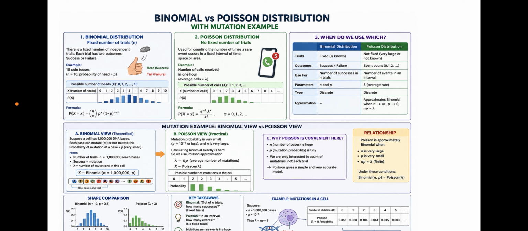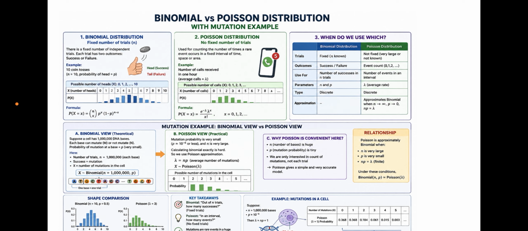That is how we use the Poisson distribution. In binomial distribution, out of 1 lakh nucleotides, we calculate the probability for 8 nucleotides or 7 nucleotides or 10 nucleotides to be mutated in that particular DNA. There we use the binomial distribution.